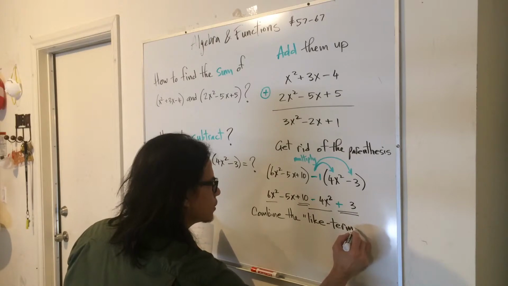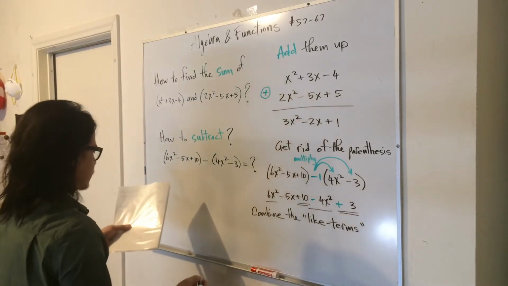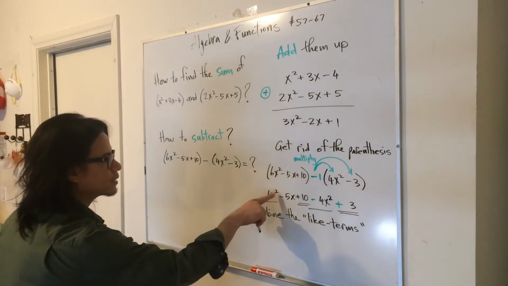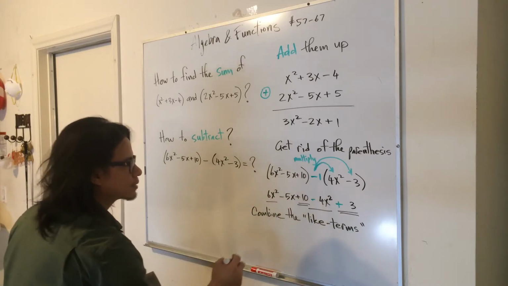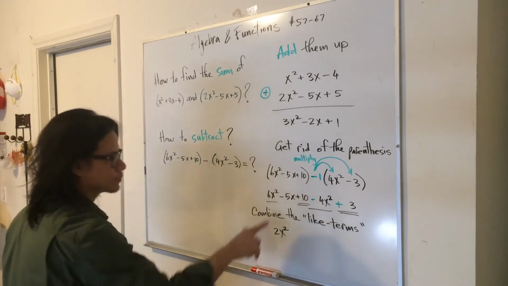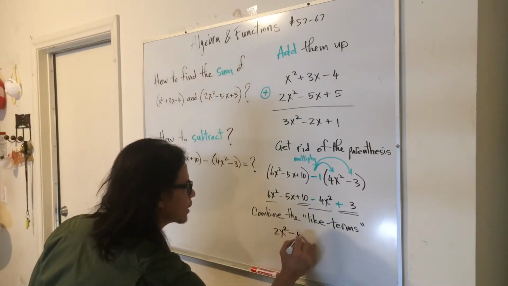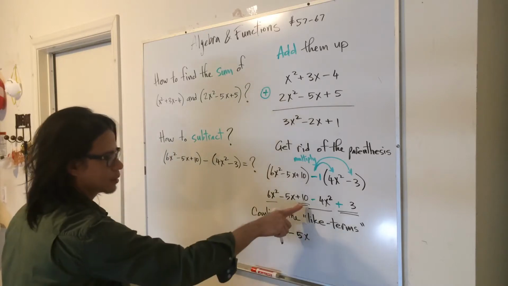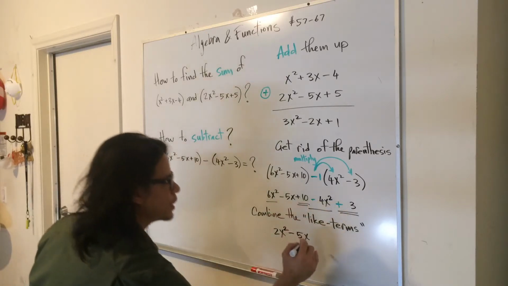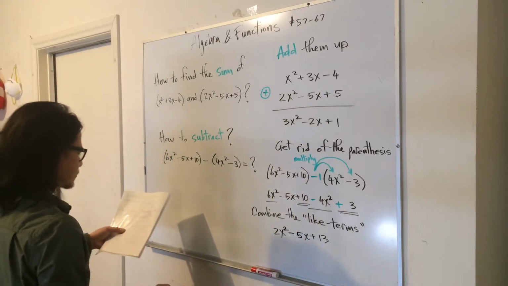Think of combining apples with apples, oranges with oranges. Okay, so 6x squared minus 4x squared is 2x squared. There's nothing to combine with the x term here, so we'll just leave it at negative 5x. 10 plus 3 is 13. And there it is.